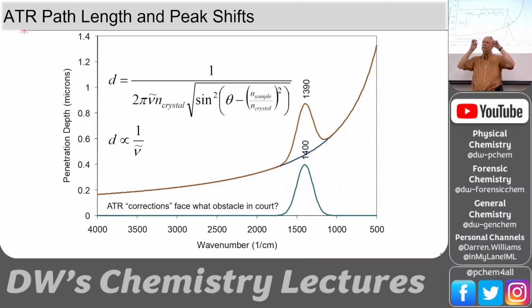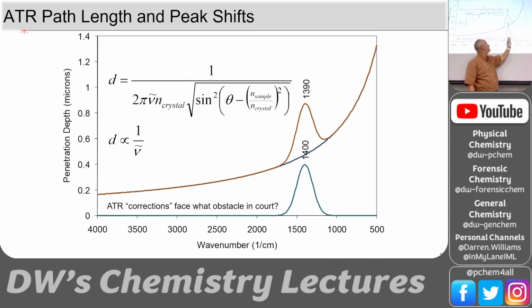And remember, absorbance is proportional to path length. So if your path length is super small, you're not going to get very much signal. So the CH peaks are shrunk, and these down here are really expanded and are larger. And because it's a sloping penetration, your peaks are shifted a little bit.